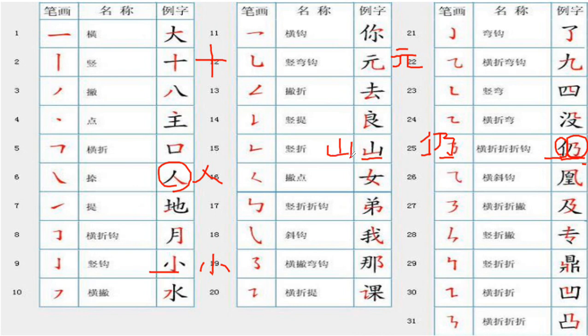Okay, next. When we write 月, from the outside to the inside. How can we understand that? For example, this one, moon. Outside and inside.